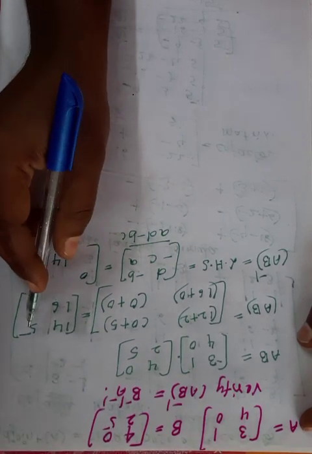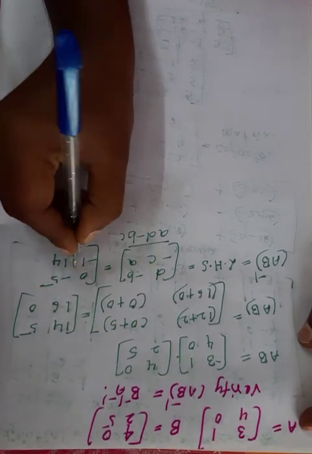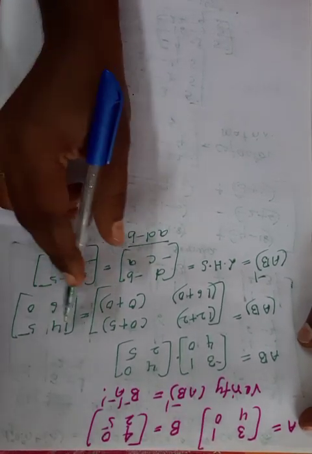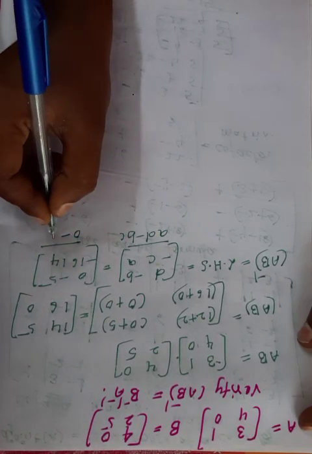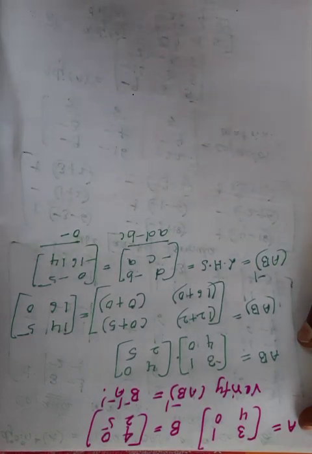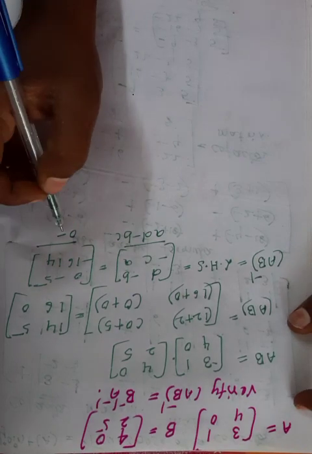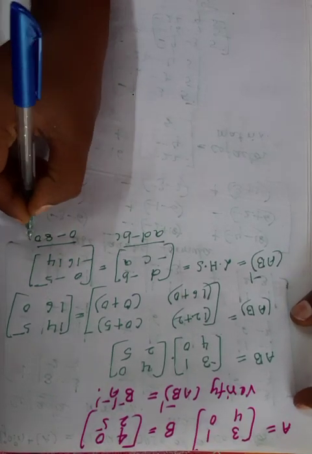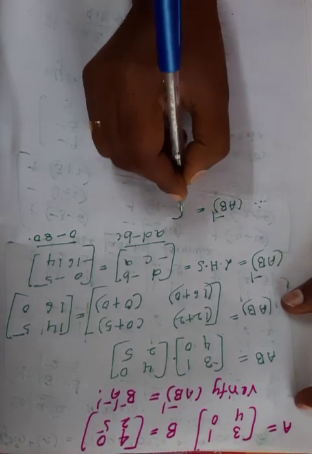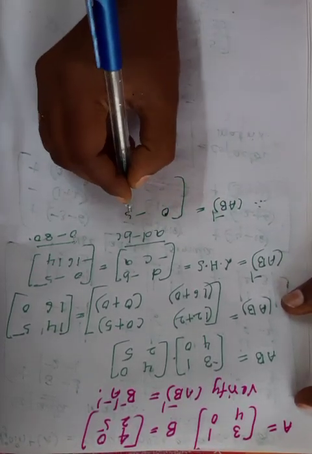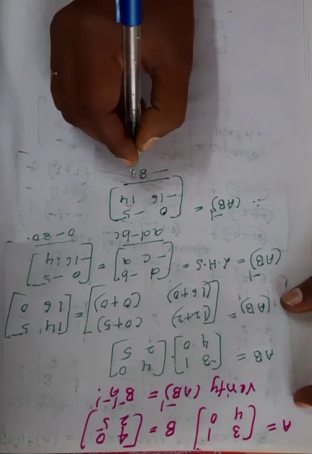For the remaining two elements B and C, we should change the signs: minus 5, minus 16. AD is 0 into 14, 0, minus 16 fives are minus 80. Therefore, AB whole inverse is equal to 0, minus 5, minus 16, 14 divided by minus 80.